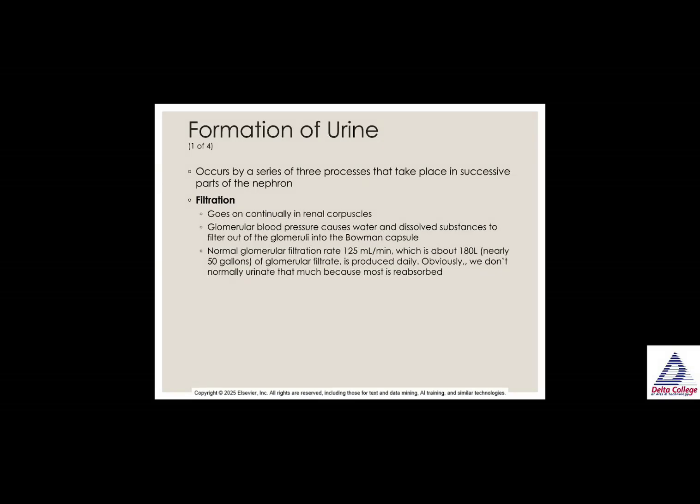Normal glomerular filtration rate is 125 milliliters per minute, which is about 180 liters or 50 gallons of glomerular filtrate produced daily. Obviously, we don't normally urinate that much because most is reabsorbed.